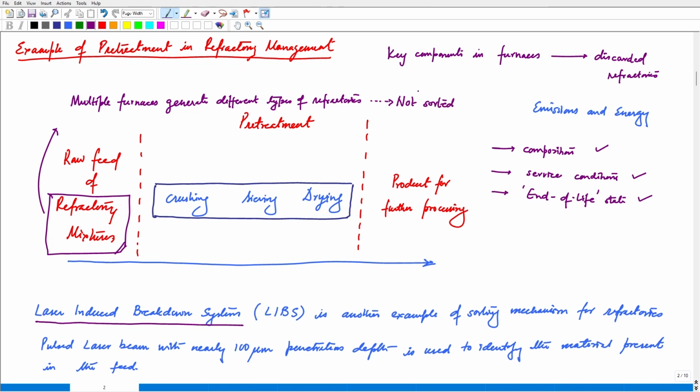Of course, some industries would like to sort these refractories at the beginning itself, but it is a fair possibility that these are not sorted at the beginning. So, that is why we have refractory mixtures.